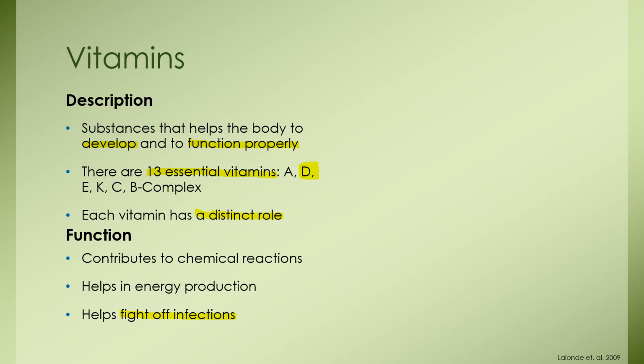And it also repairs damaged tissues. So each vitamin has its own function, okay? But in general, they contribute to chemical reactions, they help in the energy production, they help fight off infections, and they help to repair damaged tissues.